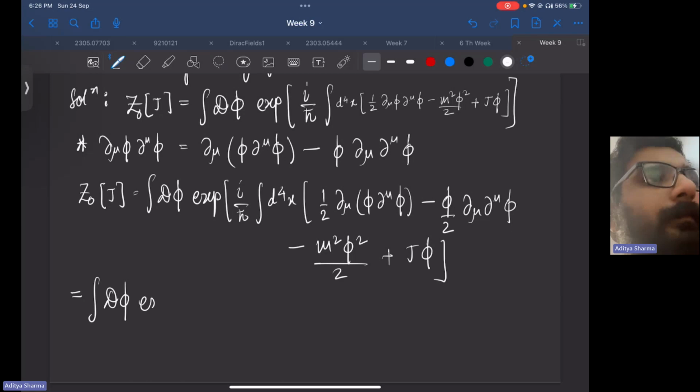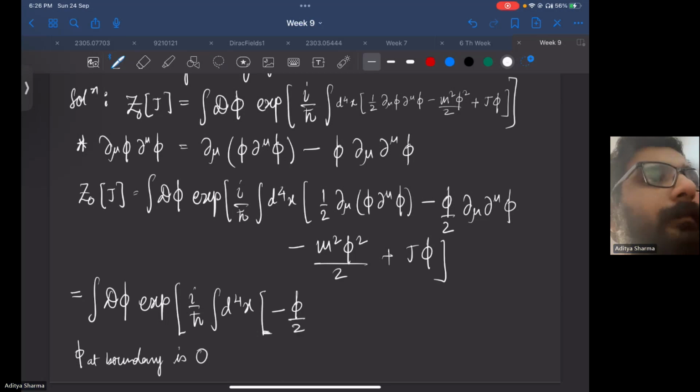The first term is a boundary term, and we are assuming that at the boundary phi is 0. So the first term vanishes, and you can club the second term and write it like this.